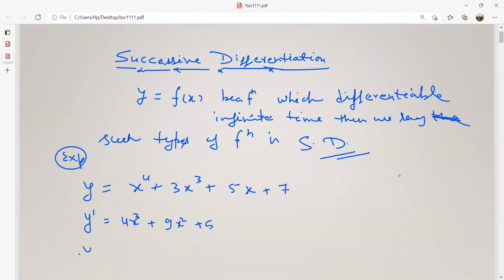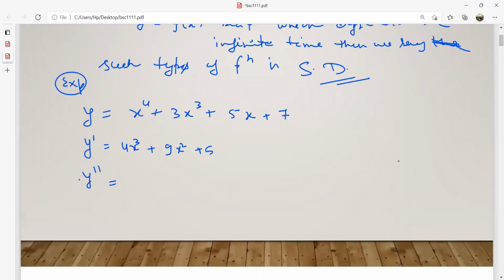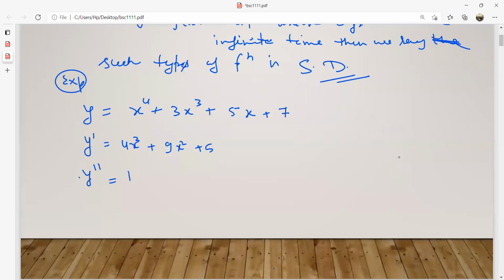Again differentiating, we find 12x square plus 18x, and again we find 24x plus 18, and again differentiating, we find 24.